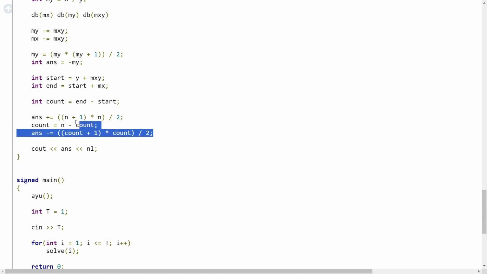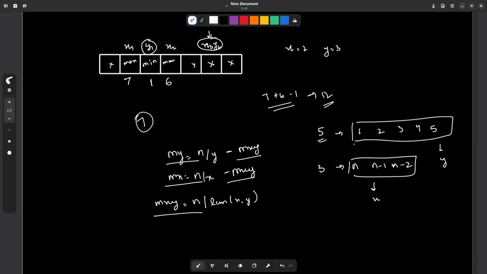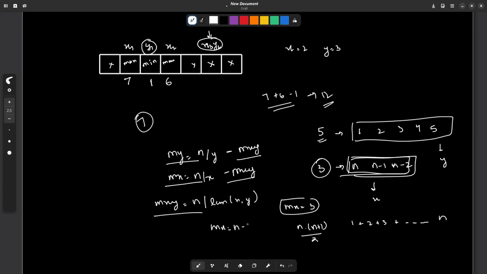So I complicated this part a bit, but let me just explain it here. So let's say you have these 3 values, right? So the value of m_x here is 3, right? If you calculate the value of n into n plus 1 by 2, this is going to give you the summation of 1 plus 2 plus 3 plus so on up to n, right? But you just want to take the summation of the last 3 values. So you will set your m_x as n minus m_x.